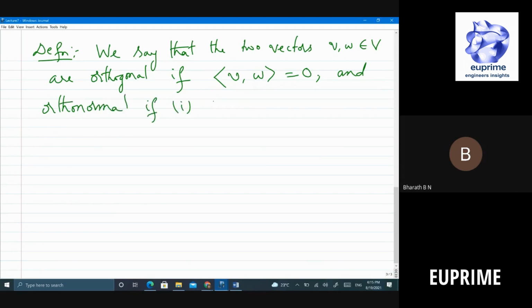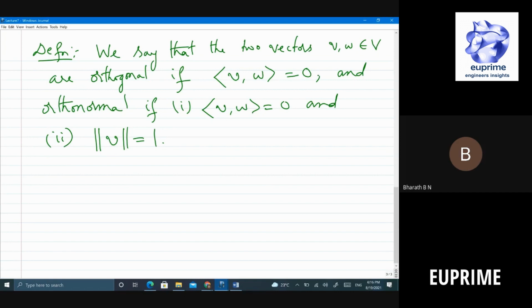First of all, it has to be orthogonal, so the inner product is 0. And what is the second thing? Normal means it should have unit length, so the norm of v should be equal to 1. Typically this norm is induced by the inner product, so you should not use a completely different norm for normalizing and for the inner product. Is this fine?